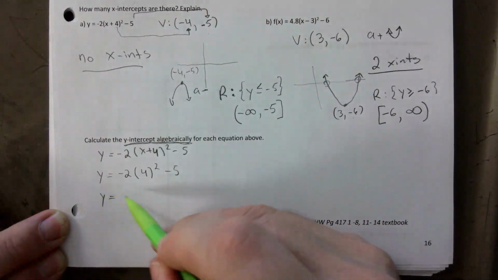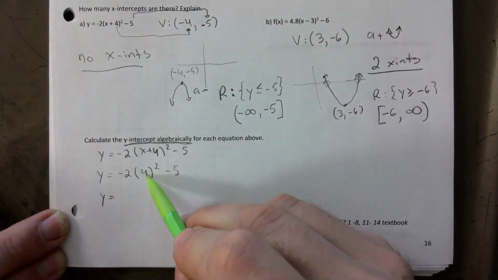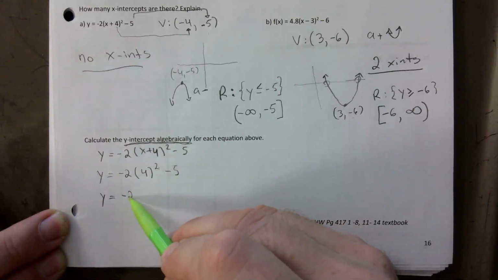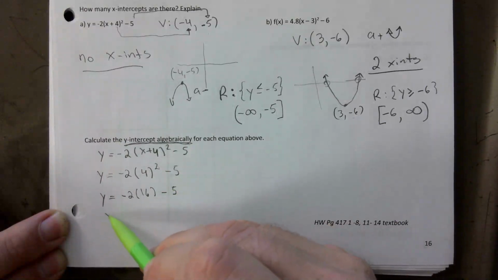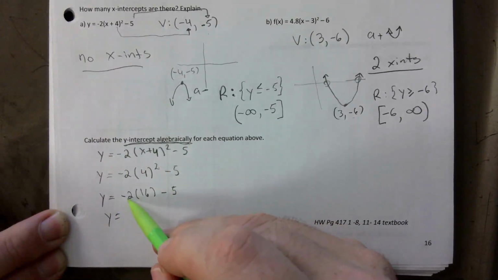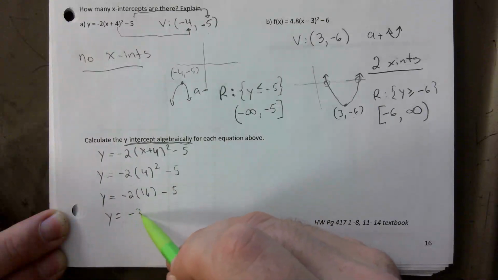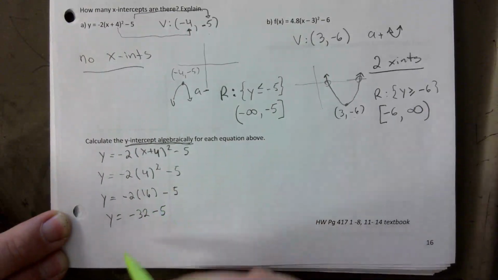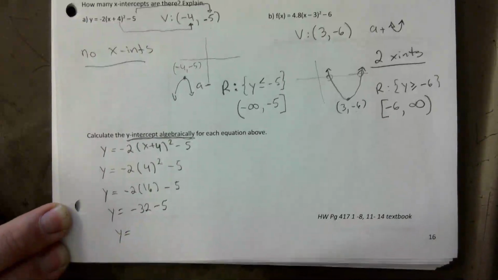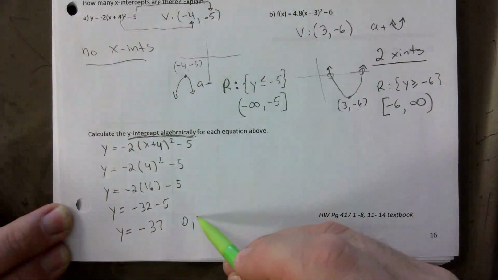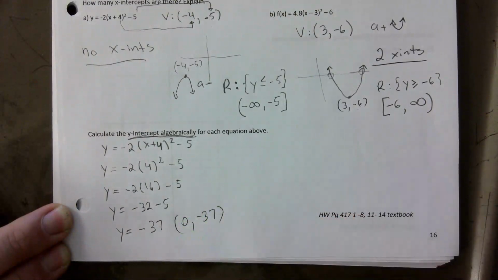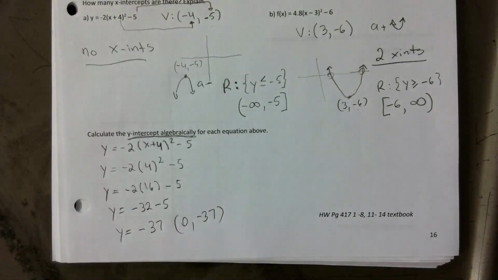I think I did this at one point with you. 4 squared is 16, so this is -2 times 16 minus 5. -2 times 16 is -32 minus 5. So that'd be -37. So you found the y-intercept algebraically.